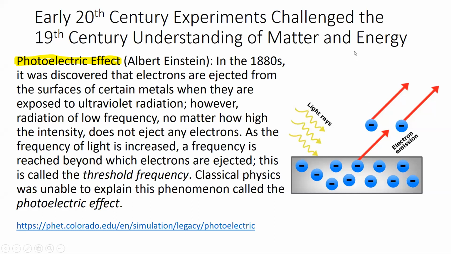And so an observation, right? These observations lead people to study them and find that classical mechanics doesn't describe it well. Here, they find electrons get ejected from the surface when they are hit with ultraviolet radiation.